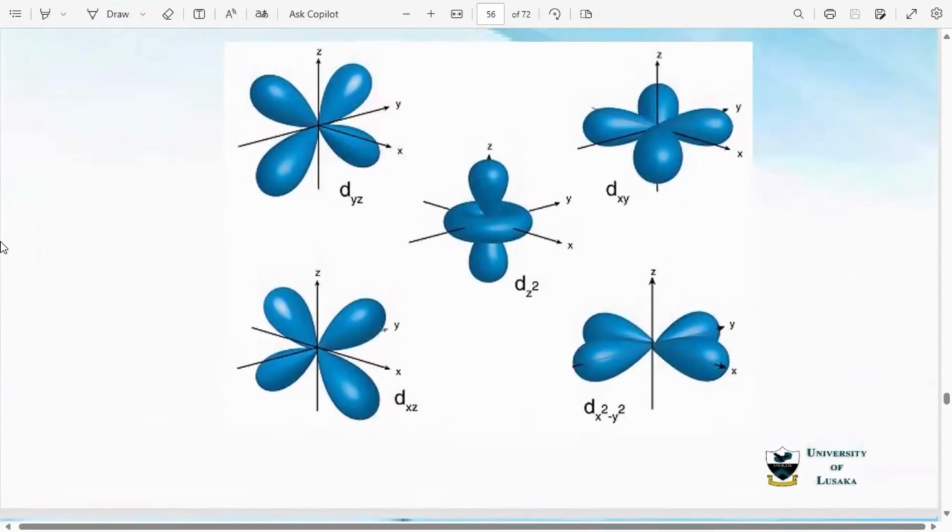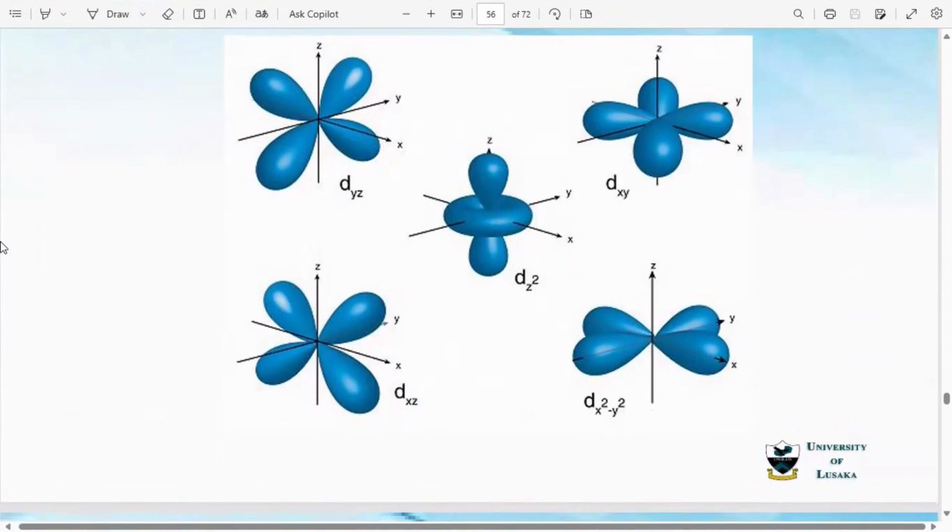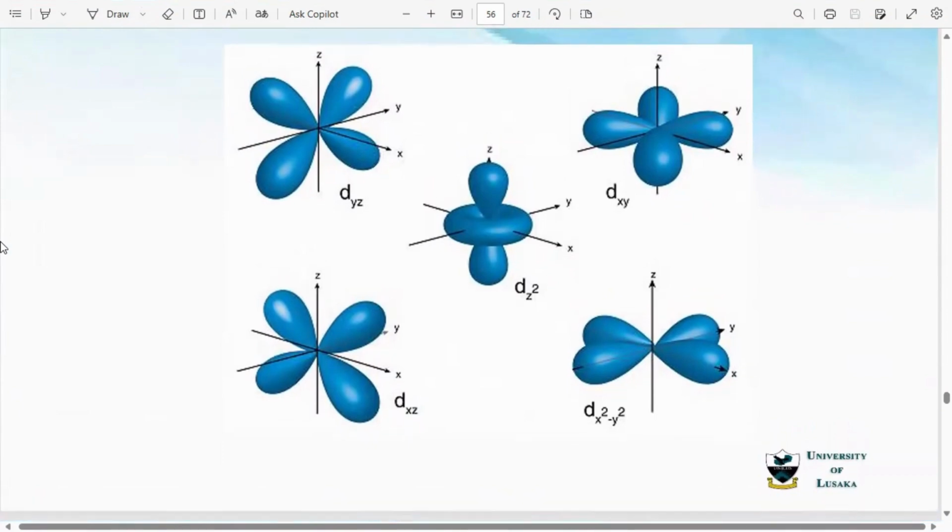So we've said they have a cloverleaf shape like this, but one of these guys, namely the dz2, you can see that it has a dumbbell shape in the center, whilst at the same time having what I mentioned to be known as a toroidal region within the center, which is this guy that we have here.